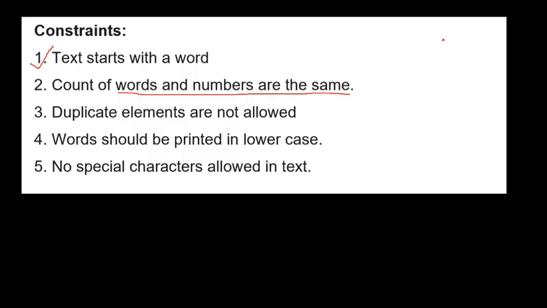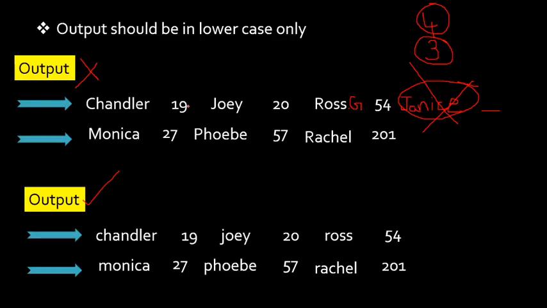Okay, so this point is understood. Next one, duplicate elements are not allowed. So yeah, I will not give you the same name twice. I will not give you the same number twice. So sometimes we will have a doubt. If same name is repeated twice, which one has to be printed first? Or should we print both the values or only one value? We will have many such confusions, right?